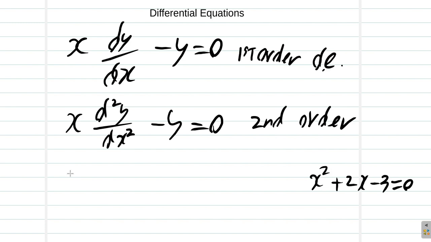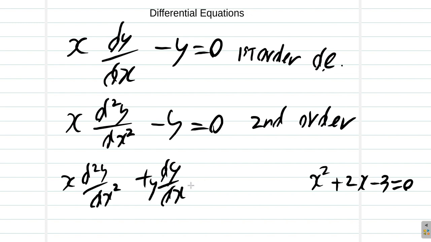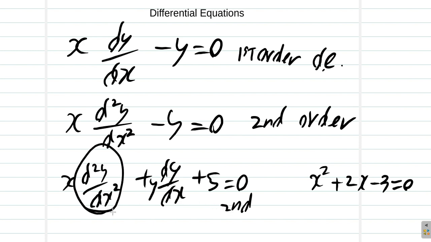If you have x d squared y by dx squared plus y dy by dx plus 5 equals 0, you say this is second order because the highest order of the derivative is 2, right?